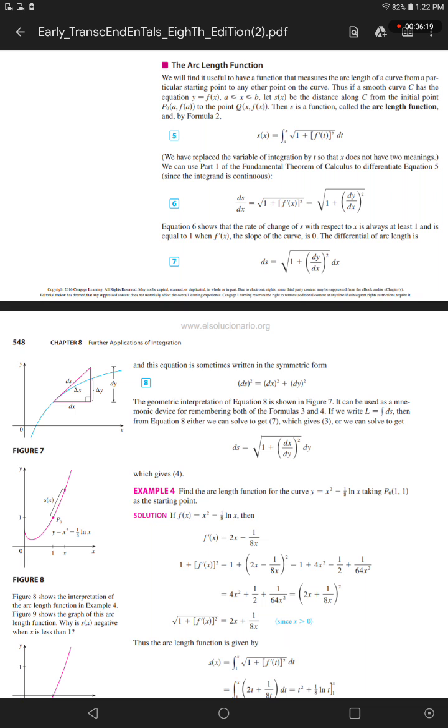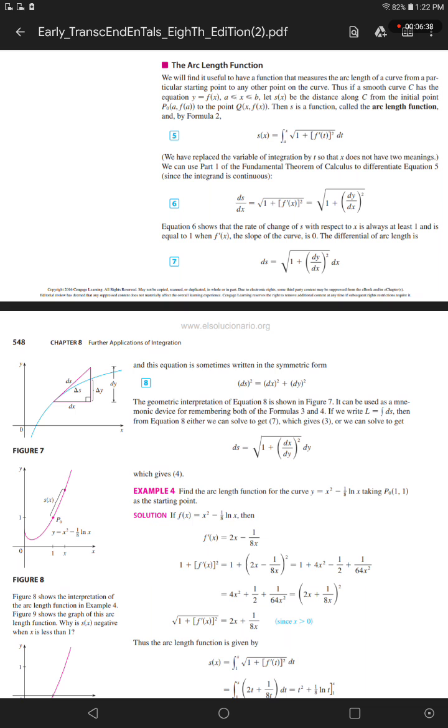The geometric interpretation of equation 8 is shown in figure 7. It can be used as a mnemonic device for remembering both of the formulas 3 and 4.